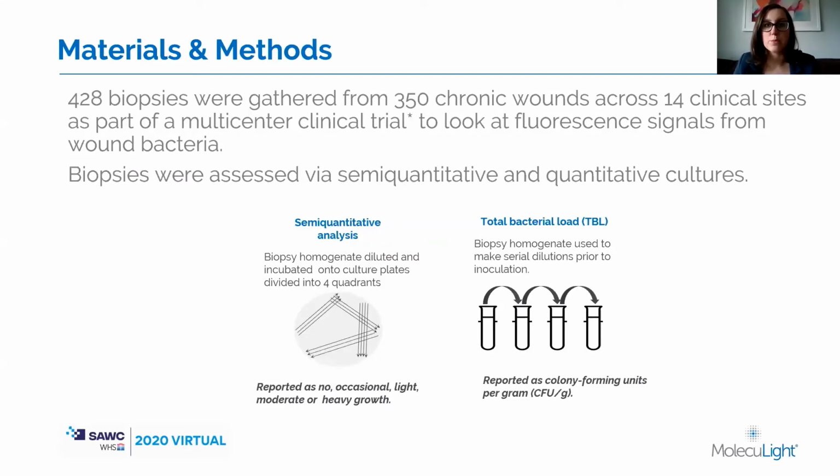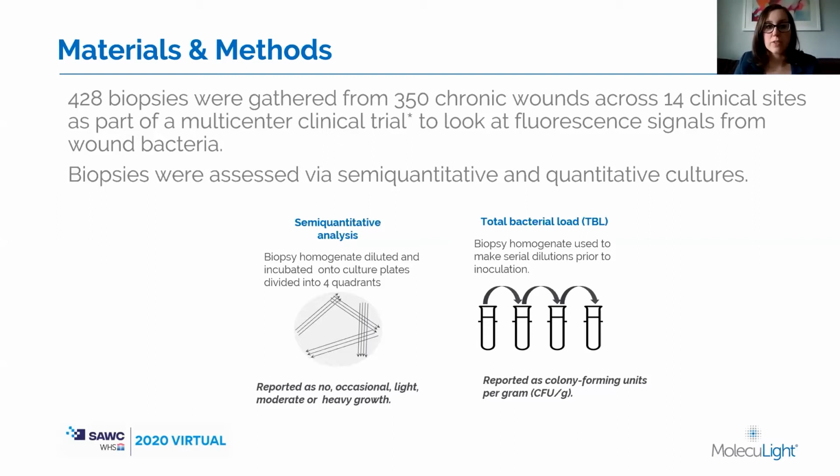428 biopsies were gathered from these wounds from 14 clinical sites, 20 clinicians, as part of a multi-site clinical trial. Now, the trial was designed to look at fluorescence signals from wound bacteria using the MolecuLight point-of-care fluorescence imaging device, but the data that I'll show today is just the microbiological analysis of those trial results.